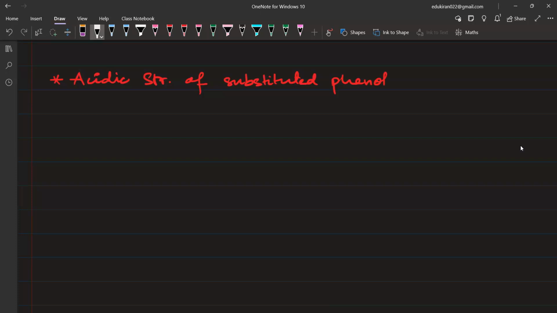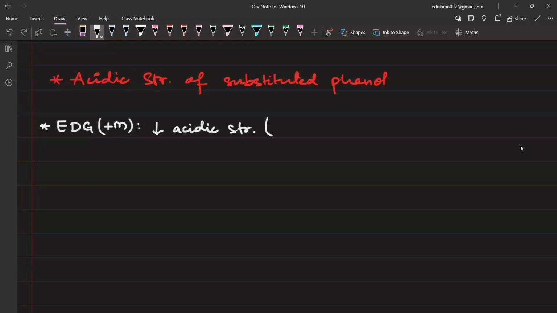So we can say that all the electron donating groups, that is the plus M groups, are going to decrease the acidic strength.